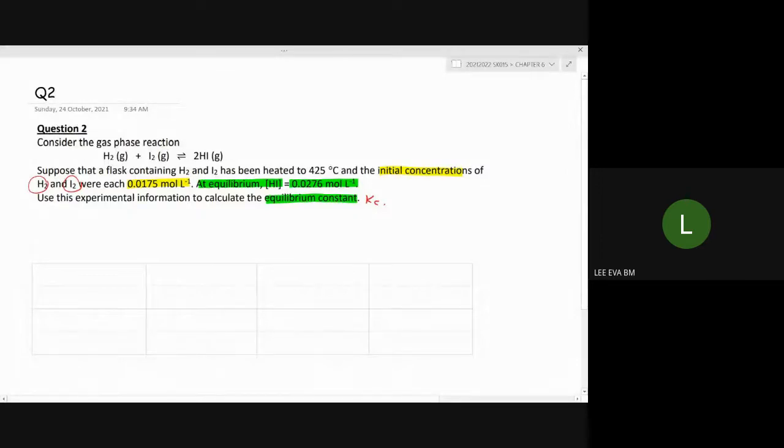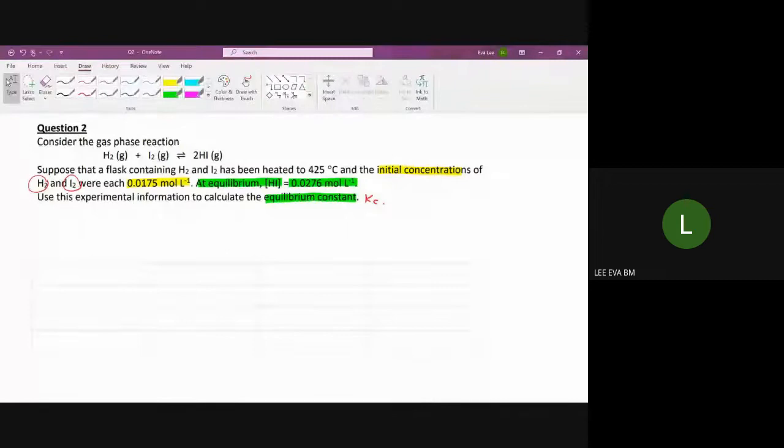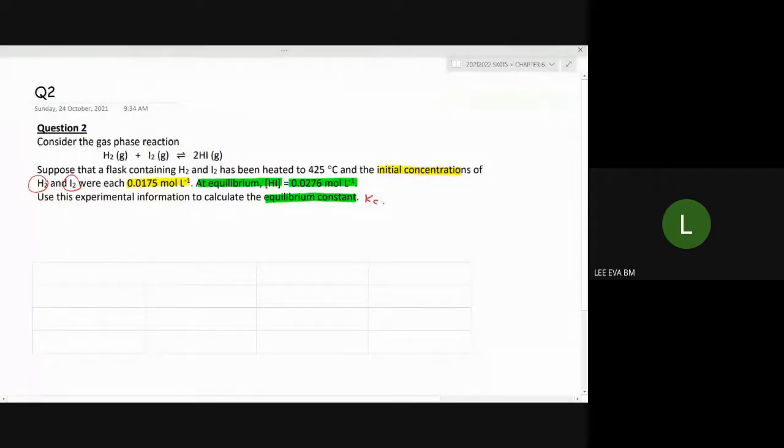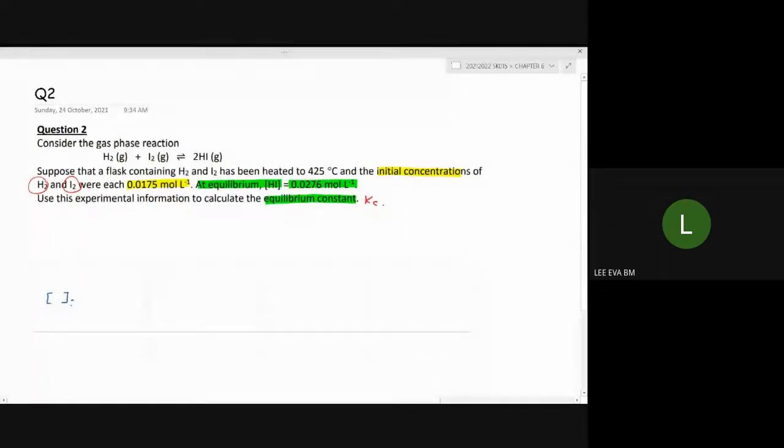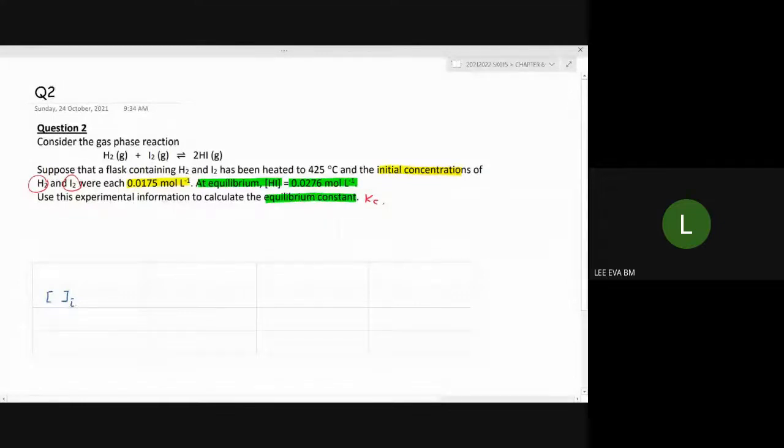Okay. So in your ICE table, you can draw your own table. Yang ini Madam dah already write it. So I will have your initial concentration. Kalau awak nak tulis perkataan initial concentration, can, no problem. Or you may write the symbol: square brackets represent concentration, and I'm using the abbreviation I to indicate initial.